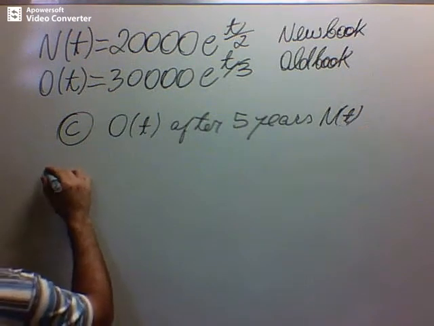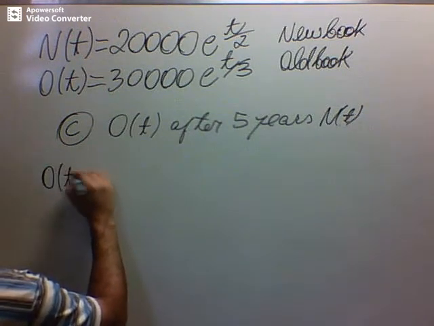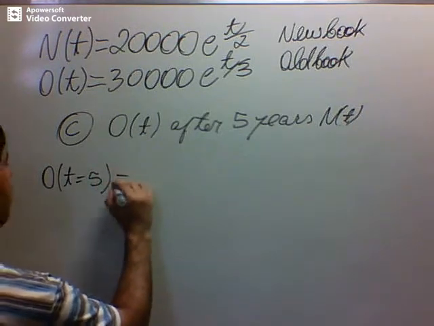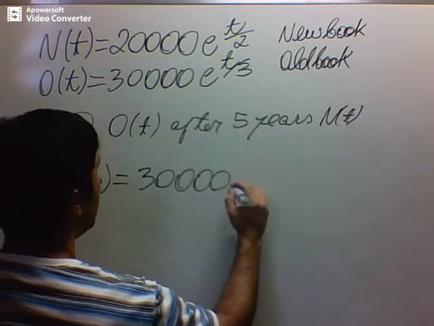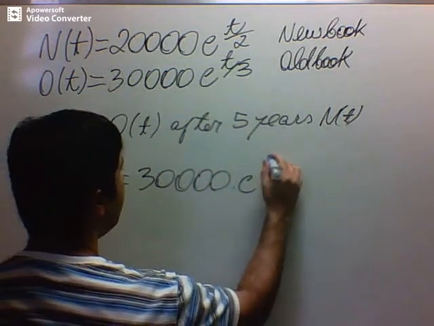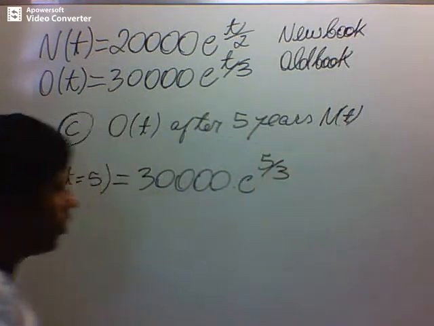O of t equal to 5 years is going to be 30,000 times e to the 5 divided by 3, okay?